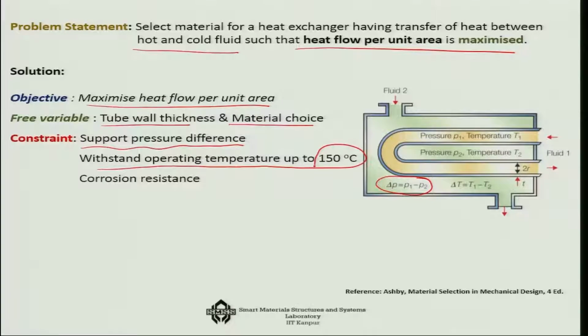Let us say in this example we will keep it sufficiently high, 150 degrees centigrade, and corrosion resistance can be another important point. We will keep that in mind when we finally select the material. So, let us go to the board and use the Ashby criteria to do this same exercise.